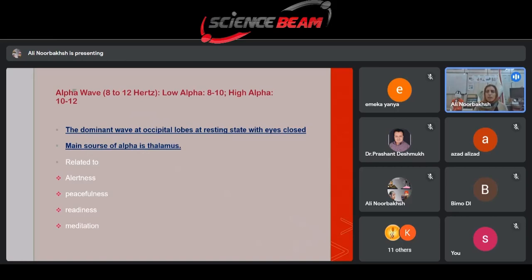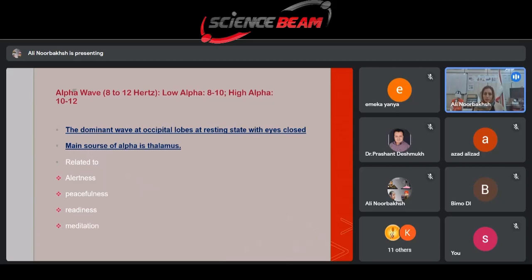Next slide. This is an alpha wave. Okay, alpha wave is between 8 to 12 hertz. We can see two types of alpha. One of them is low alpha, another is high alpha. Low alpha is between 8 to 10 hertz and high alpha between 10 to 12 hertz.